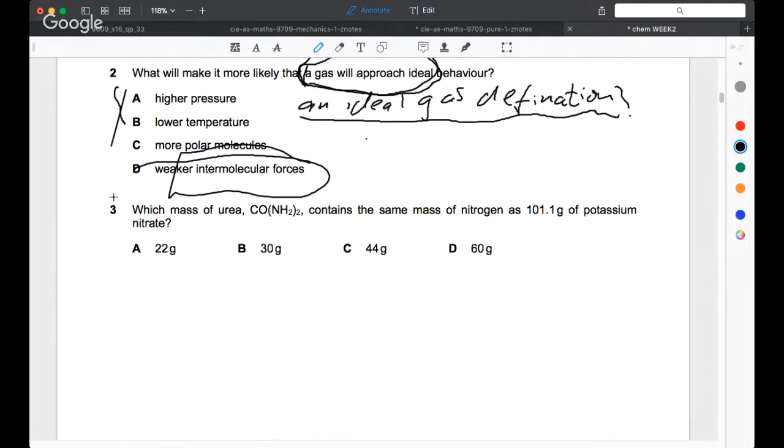Number 3. This is a calculation. Question. You might want to write.